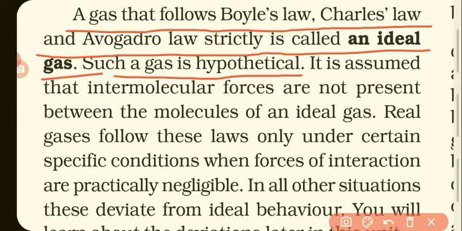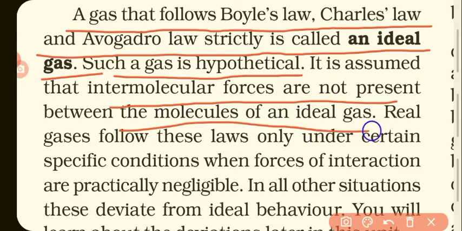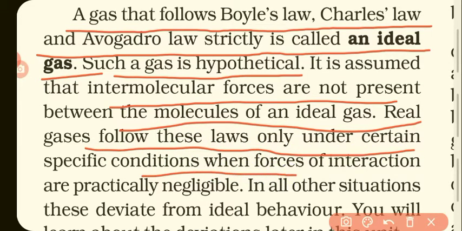It can only be assumed, but it is actually not possible because intermolecular forces are not present between the molecules of an ideal gas. This is the assumption for ideal gas. But intermolecular forces for a gas cannot be zero. Real gases follow these laws only under certain specific conditions, when forces of interaction are practically negligible.